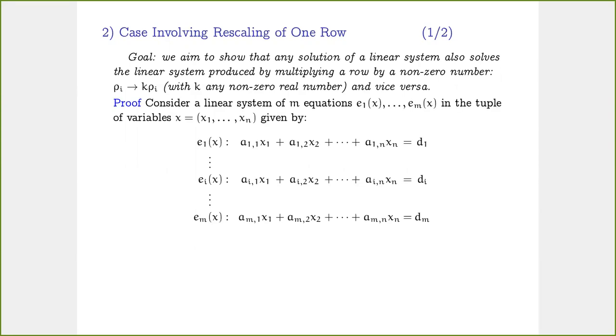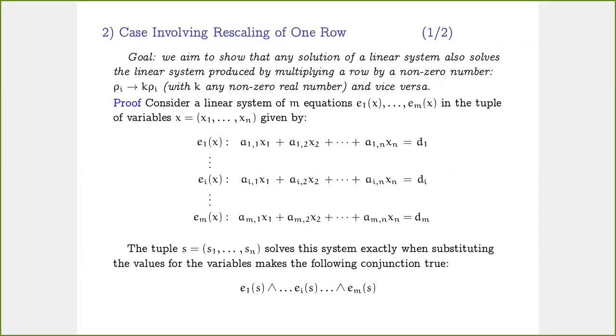Okay, so here are our naming conventions for the linear system. We only need to have a special name for one row, E sub i. And again, this is an arbitrary choice, so our result will apply to any row. And we have m equations, n variables. And again, we have S, a list or tuple of n values, which solve the system.